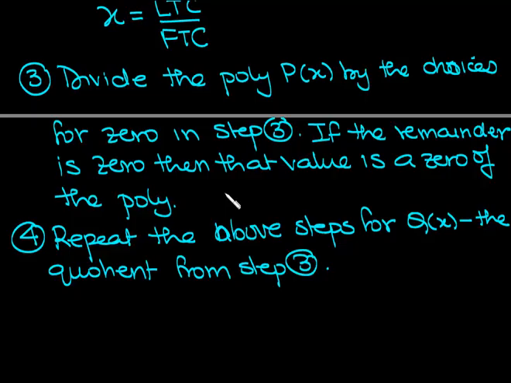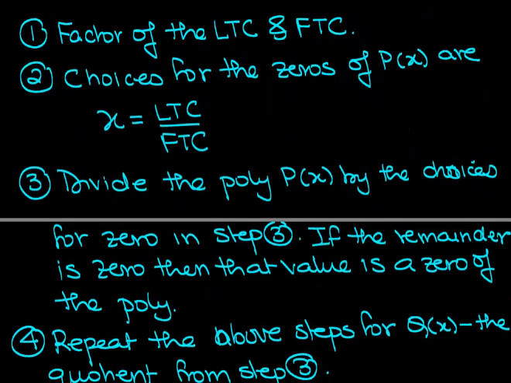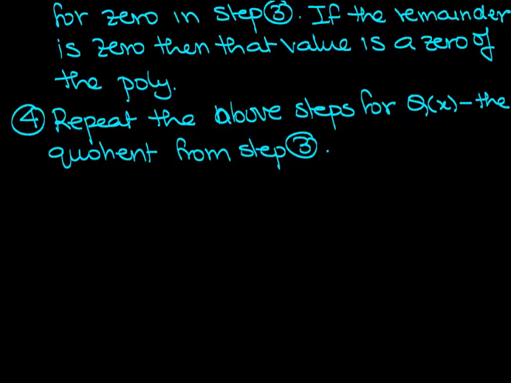After we divide in step 3, we'll end up with a quotient, so we repeat the above steps for the quotient from step 3. This is a tedious process, but like I said, it works really well.